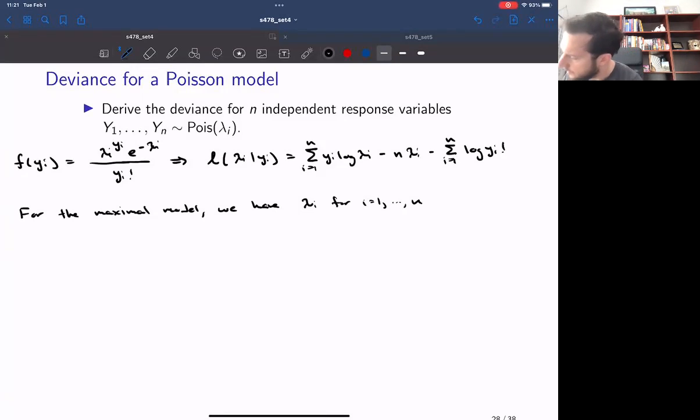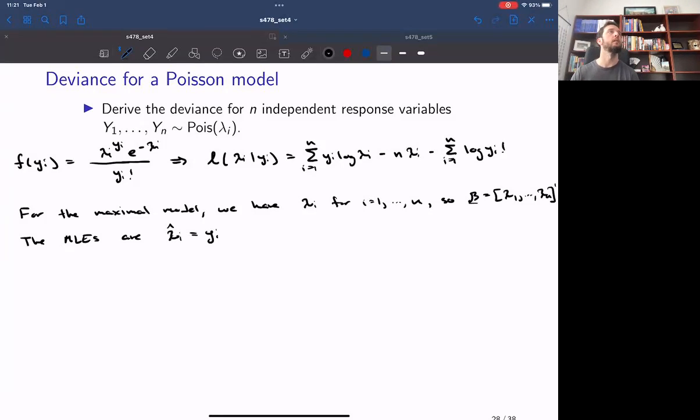So beta is equal to lambda 1 through lambda n transpose. The MLEs are lambda i hat equals yi.